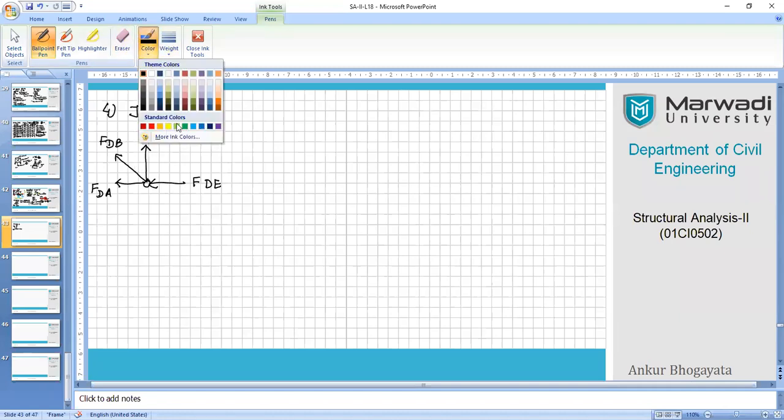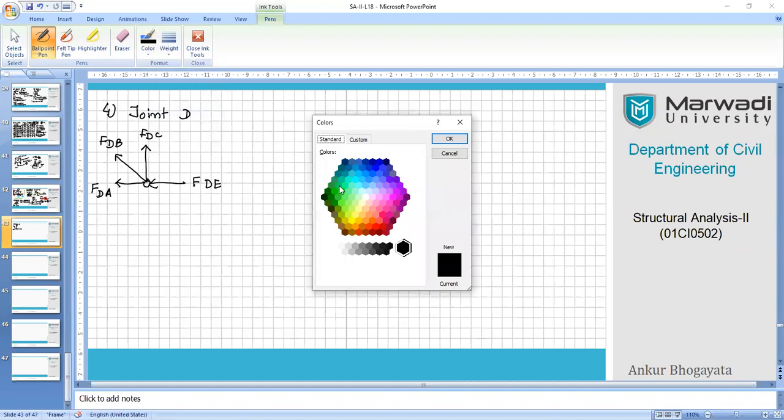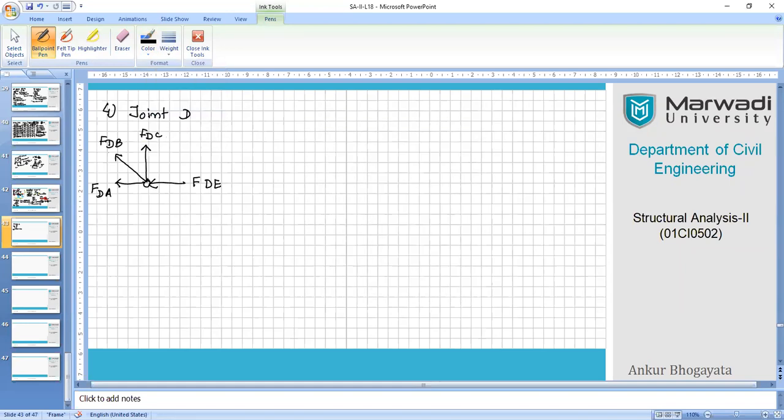The only thing is you need to separate, the color is not changing, giving me a challenge. So I'll go with this and I will change it from here. Okay. So it's going to be the parts like this. These are the two separations of this inclined force.